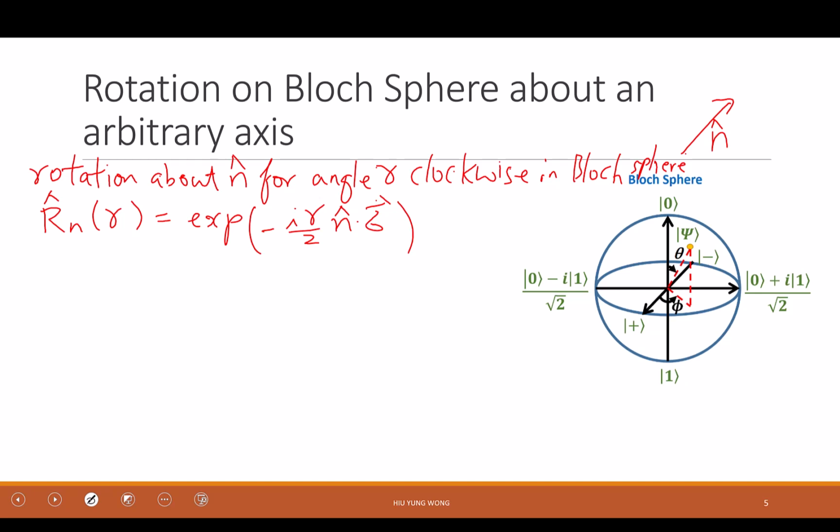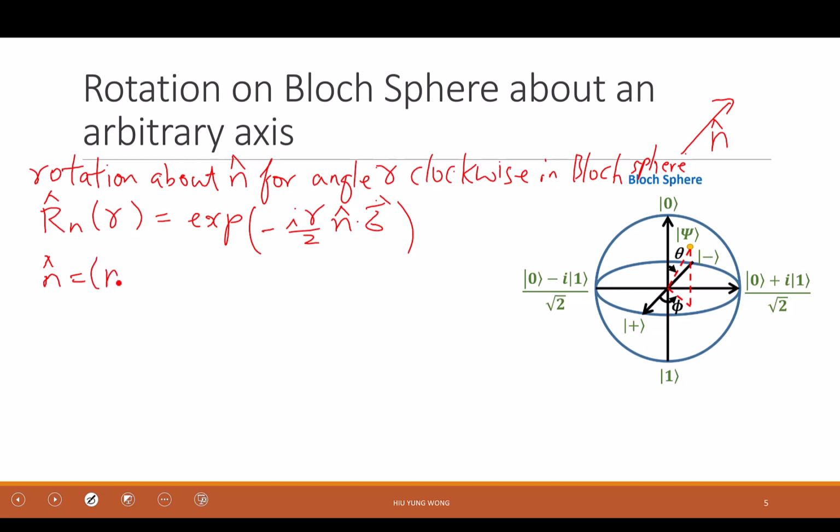First of all, what is n? n is the unit vector in an arbitrary direction. It should have 3 components, and this is a real space vector. So what are the 3 components that you can have in a real space vector? x, y, z.